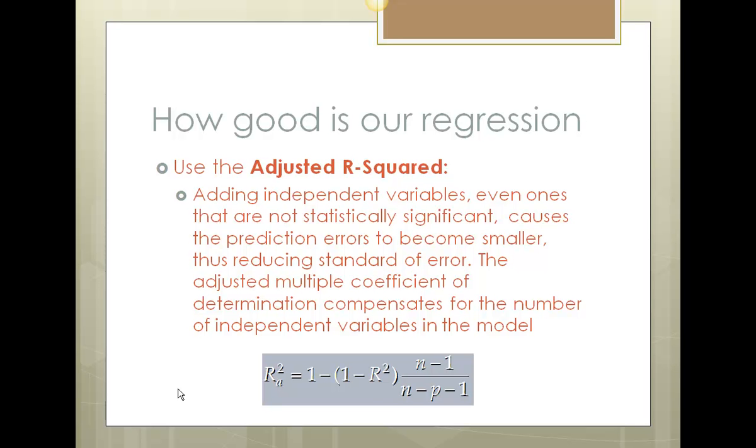So we have this adjustment that takes out that impact of the additional independent variables. From now on, when we're doing multiple regression, we're going to look at adjusted R squared to tell us the percentage of variation in y, our dependent variable, explained by our regression. And the higher that percentage, the better job our regression does.